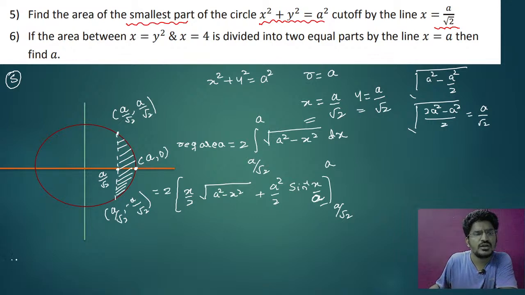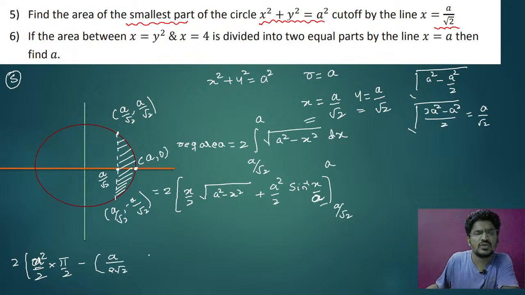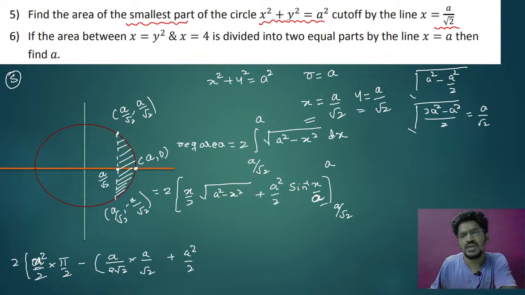So you just say 2 times of x by 2. Upper limit if I put here, it will be 0. No problem. A square by 2, so this is upper limit. A by a is 1, sine inverse of 1 is pi by 2. Okay. So minus of, you put lower limit, this will be a by 2 root 2, already we know that a by root 2, plus a square by 2 sine inverse of 1 by root 2.